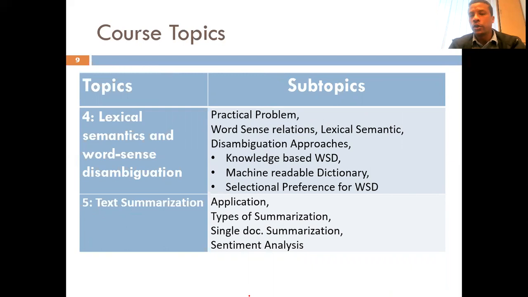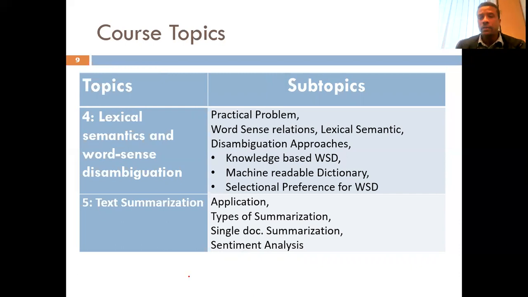So here, we'll talk about the concept of lexical semantics, which means the meaning that a word or a token has. And whenever that word is used in a sentence, the semantics or the meaning might be quite different. So we'll be talking about the concept of word sense disambiguation, which means identifying the correct meaning of a word in a specific sentence or whenever you use it in a context.